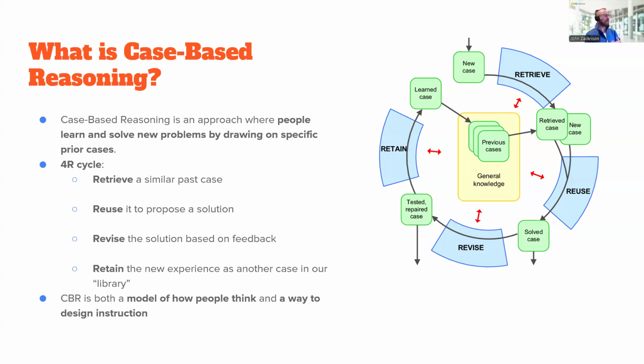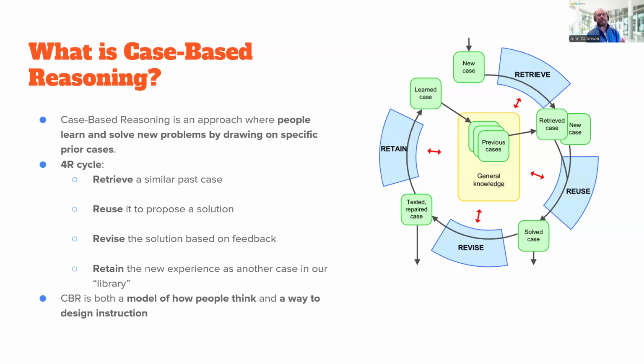Every problem we encounter and every solution we come up with becomes a case that we can draw upon. And so we have these four R's we need to remember. We'll retrieve a similar past case, and then we'll reuse that case to solve our new situation or our new problem.